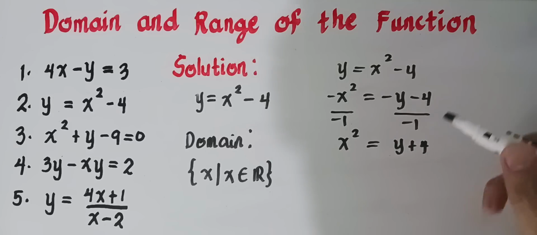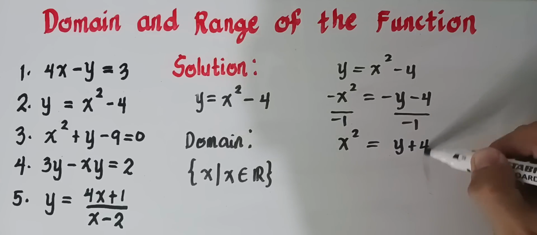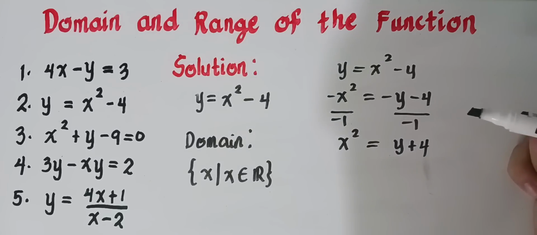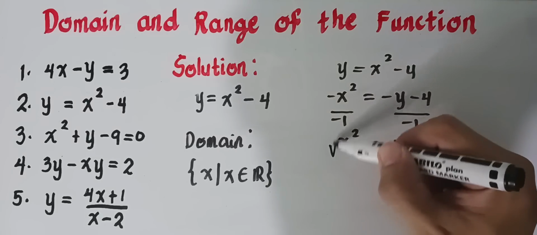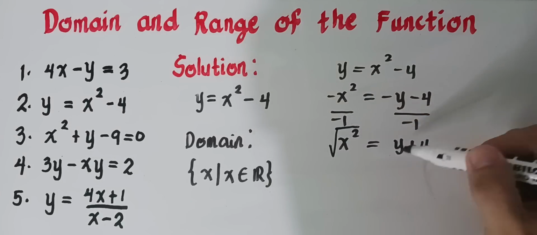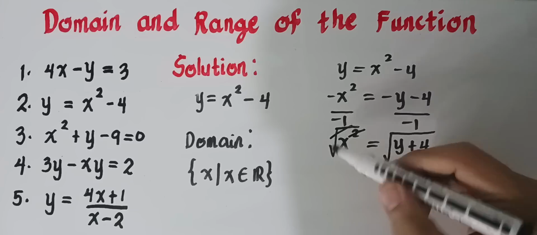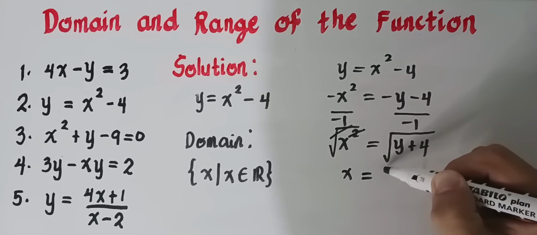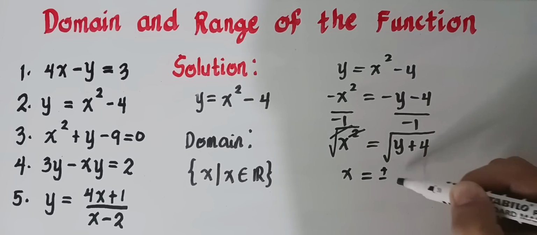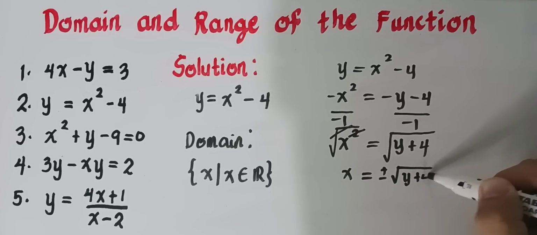Okay, so, para mawala naman yung exponent dito, ang gagawin natin, by extracting the square root, both sides, of course, hindi pwedeng dito lang. Yan. So, makakancel out to. Cancel out yan. So, x is equal to positive, negative, square root of y plus 4.